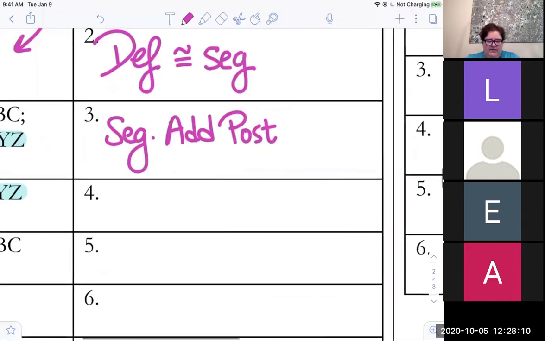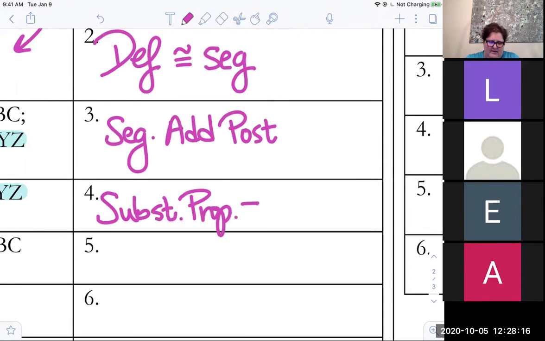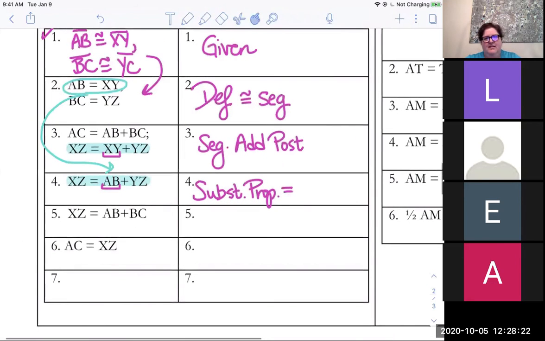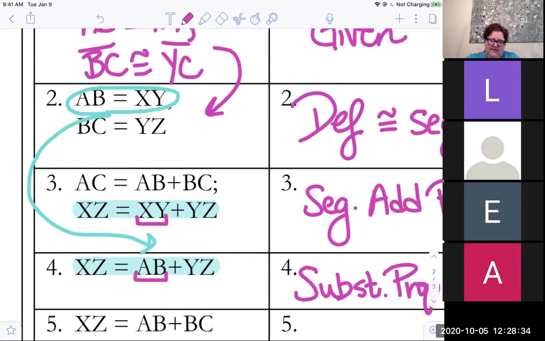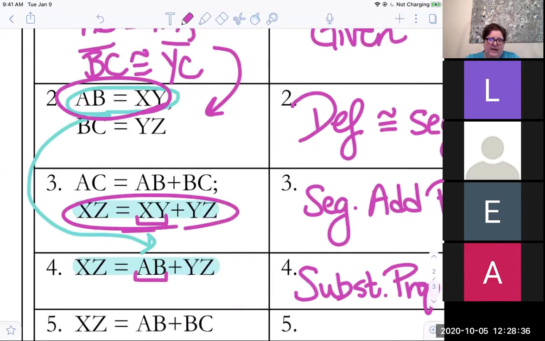Substitution. Is it also transitive? It is not transitive because you're only replacing one part of the equation. If it was transitive, you'd be using this equation and this equation, and you'd have to have a whole side that crosses out.